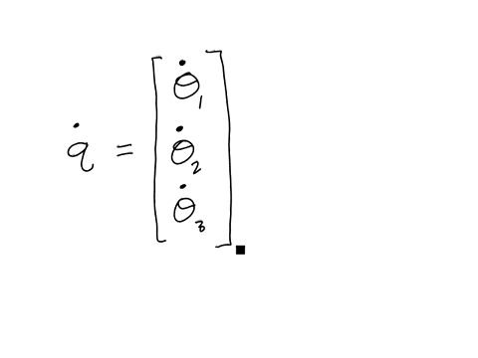It would have 1 row for each theta. If we had a prismatic joint, let's say that the 3rd joint of a 3 degree of freedom manipulator was a prismatic joint, instead of theta 3, we would have d, the displacement of that joint, the time derivative of it.